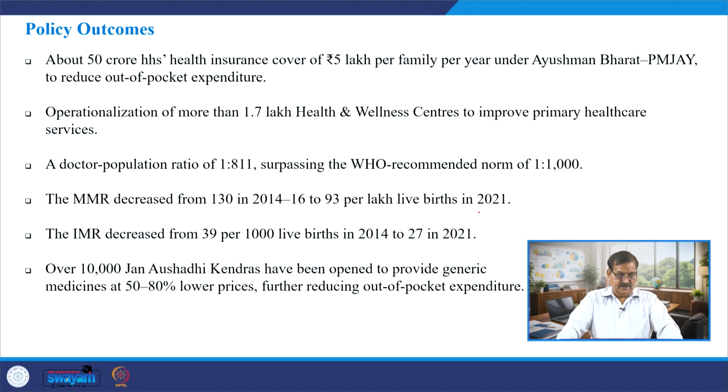Infant mortality rate decreased from 39 per thousand live births in 2014 to 27 in 2021, and over 10,000 Jan Aushadhi Kendras have been opened to provide generic medicine at 50 to 80% lower prices, and that will also further reduce the out of pocket expenditure of households.